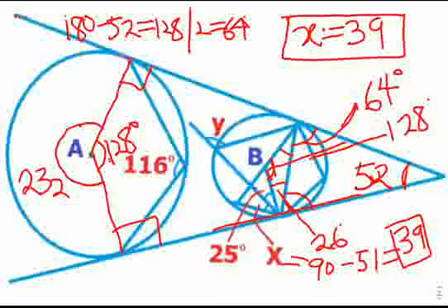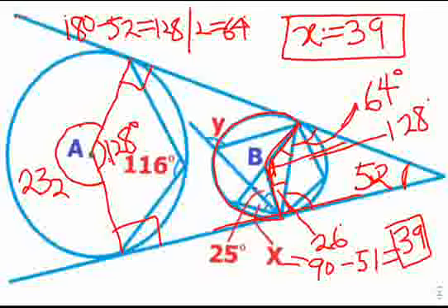Now, the way I applied the theorem here, let's apply that. Let's get the angle at the center here. To get the angle at the center there, we'll subtract this 128 from 360 degrees. 360 minus 128 gives us 232, just like this, 232 degrees.